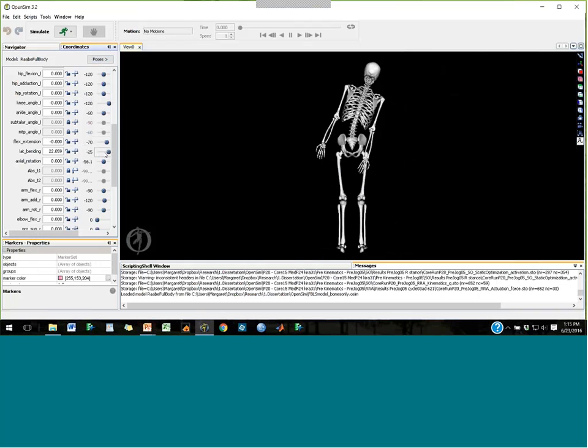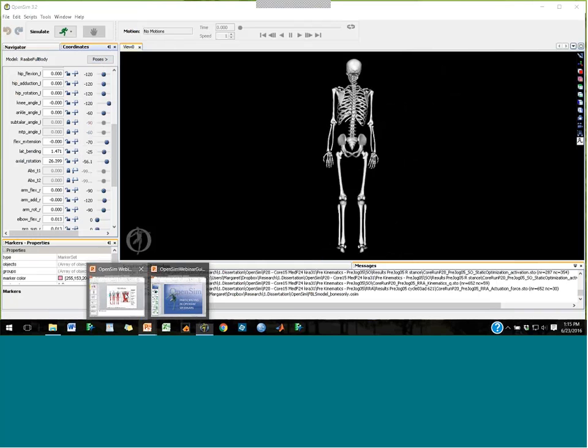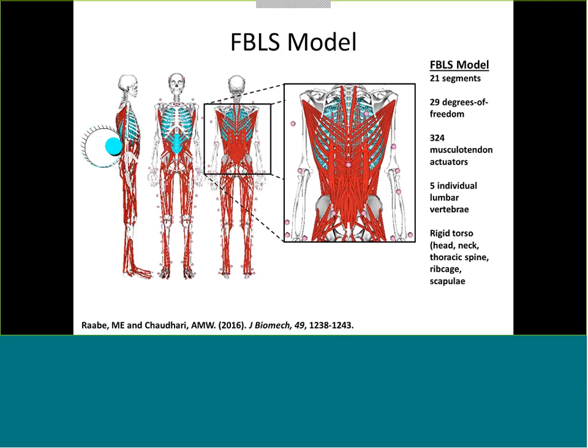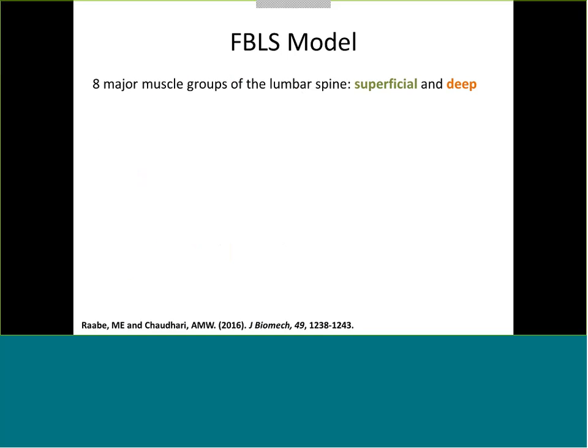And then lastly, we have axial rotation. So this is the first full body OpenSim model to include all these degrees of freedom in the spine, as well as this level of detail in the trunk musculature.